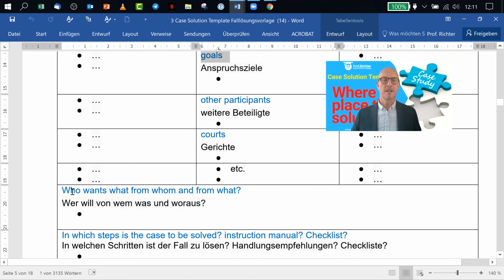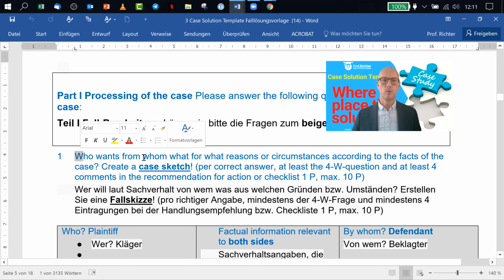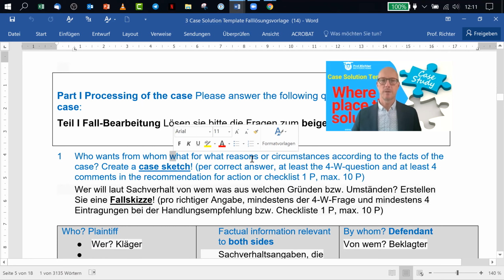Because I wrote it down here, for a perfect correct answer you get 1 point, but at least I need the 4W questions. Here are the 4W: who wants from whom what, and for what reasons, right?